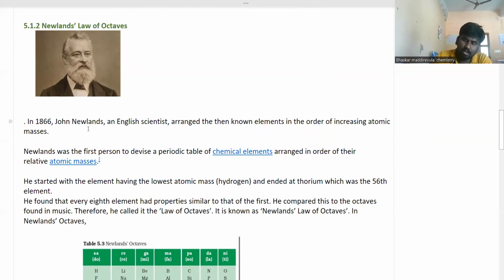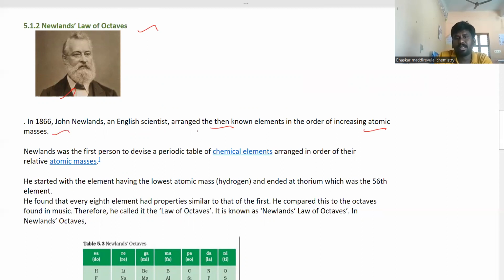Okay, next we'll see Newlands' Law of Octaves. Here you can see the person, John Newlands. In the year 1866, this English scientist tried to arrange the known elements in increasing order of atomic masses.